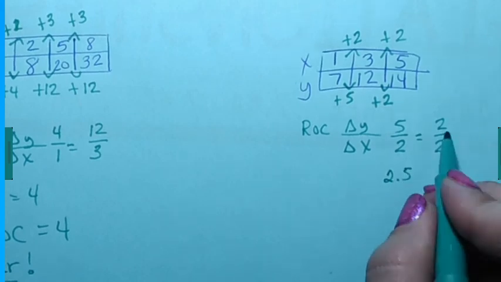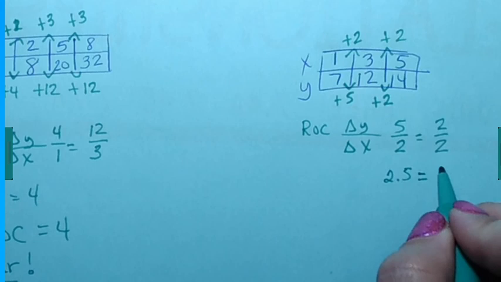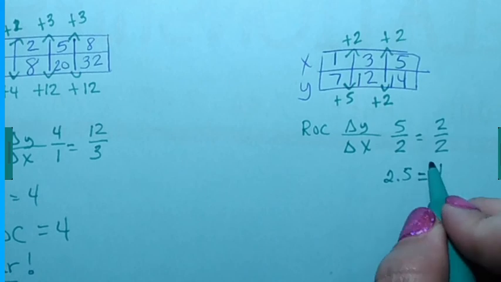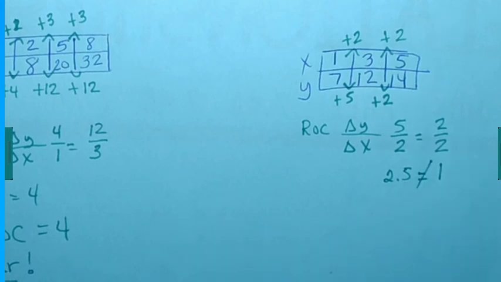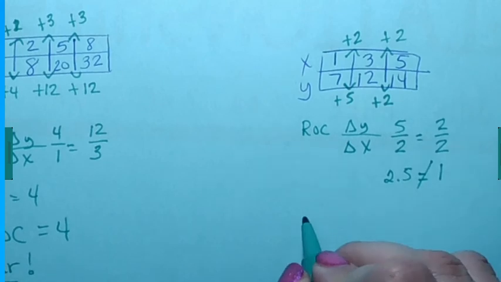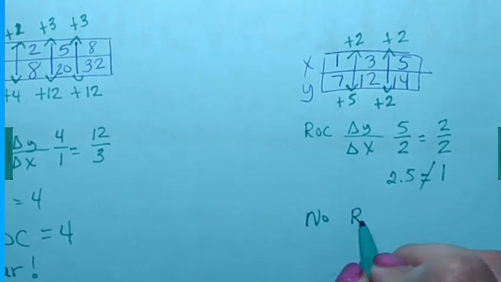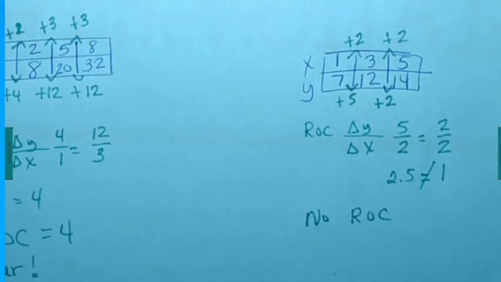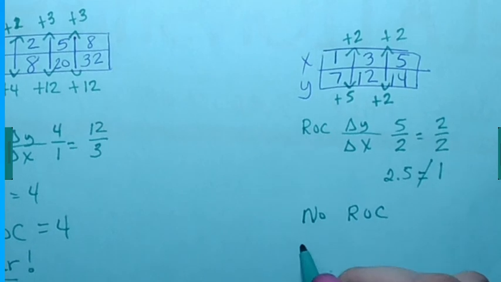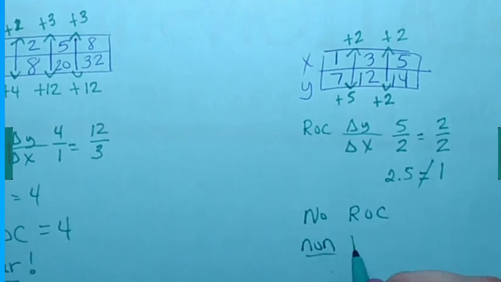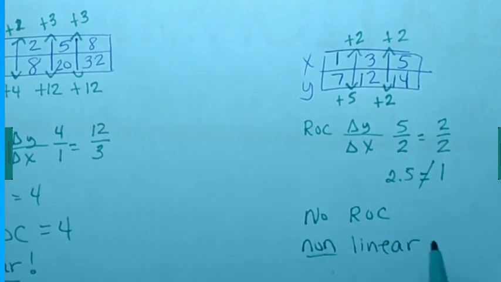What do I get when I divide 2 by 2? 1. So do those equal the same thing? No. Okay, so there is no rock because they don't equal the same thing. So if there's no rock, it means it is non-linear. No rock means it's not linear.